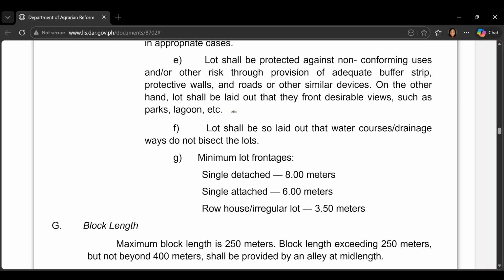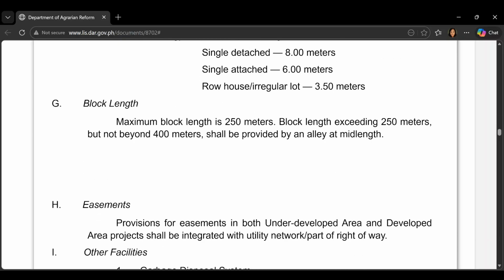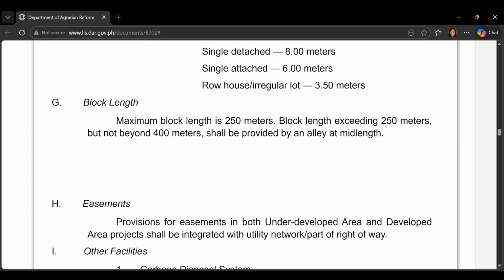G. Minimum lot frontages. Single detached, 8 meters. Single attached, 6 meters. Row house or irregular lot, minimum lot frontage is 3.5 meters. G. Block length. Maximum block length is 250 meters.